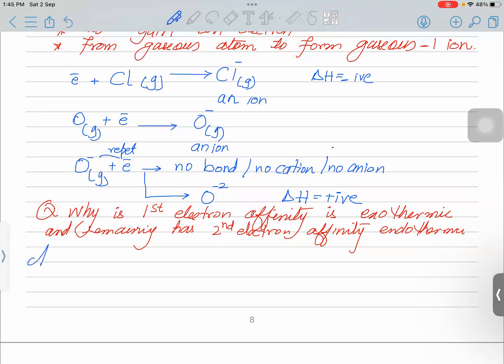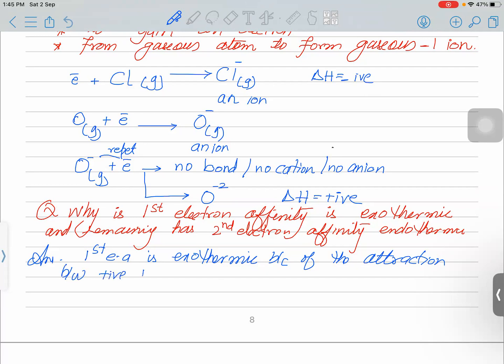Answer: the first electron affinity is exothermic because of the attraction between the positive nucleus and the incoming electron. That's why the first electron affinity is exothermic, while the second electron affinity is endothermic.